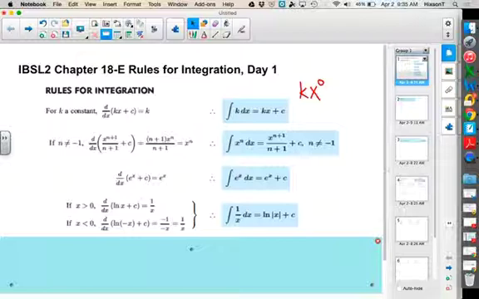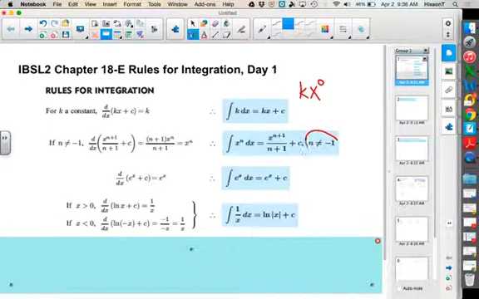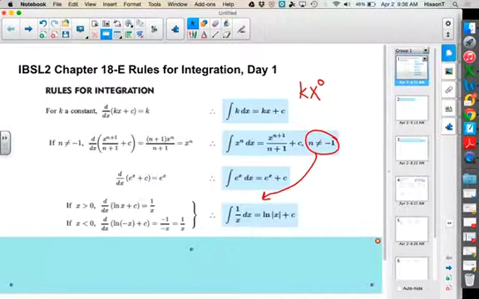Now, because it can be positive or negative, we use this absolute value, or you might see it called the modulus. So we have the natural log of the absolute value of x. This is the one case that our x to the n power rule doesn't handle, which is x to the negative 1, or 1 over x.